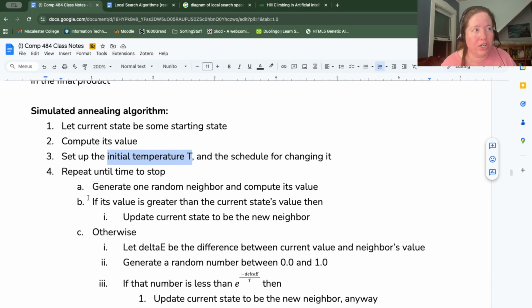So as we're generating the neighbors here, we keep track of how the quality is going, and if we're in kind of a bad place, we'll reset T to a higher level. That isn't quite the metaphor that annealing uses, but it is something that I have seen people do as a variation on this.